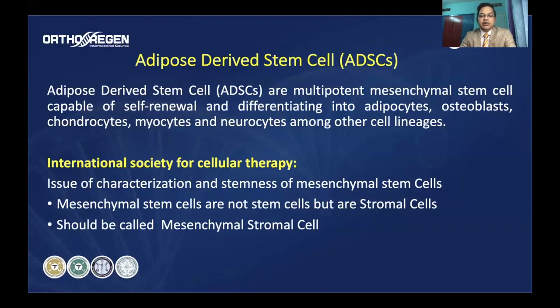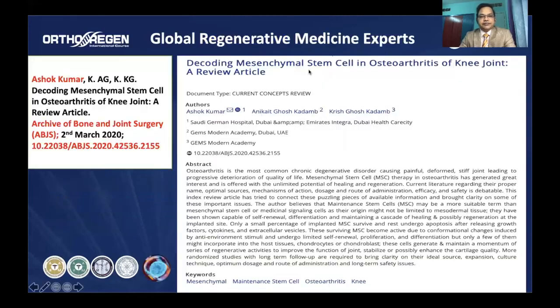So we have on one side Caplan with the medicinal signaling cell, then the International Society who think that these are stromal cells, and then the International Federation, which defines them as adipose derived stem cells.